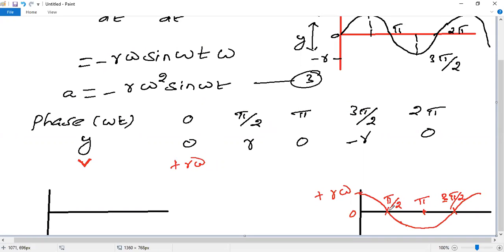At pi by 2 position, time, it is 0. Next to pi, it is a negative axis, minus r omega. Next to 3 pi by 2, this is 0. And here, positive r omega.